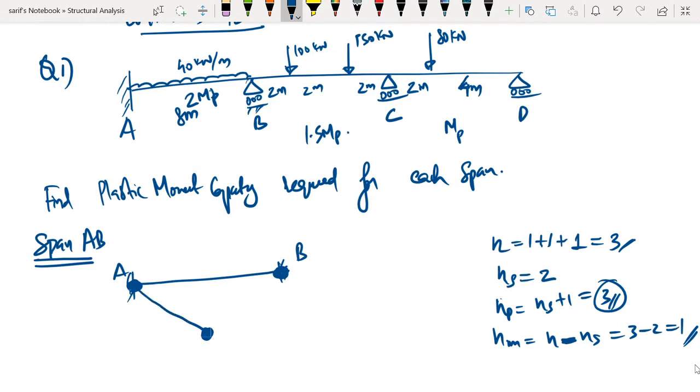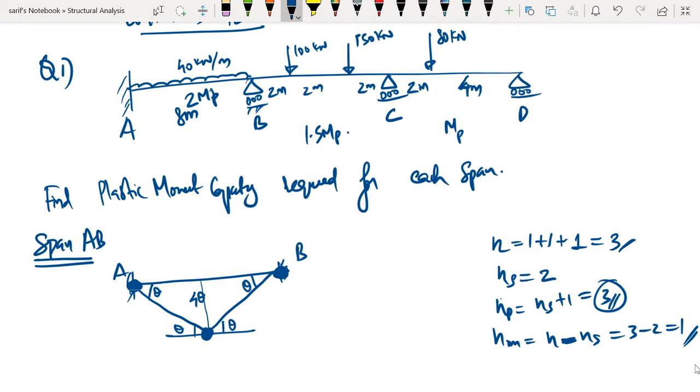So this will be the assumed mechanism, and if this angle is theta, then this distance will be 4 theta. This angle also will be theta since it is symmetric. These two angles will also be theta since it is symmetric.